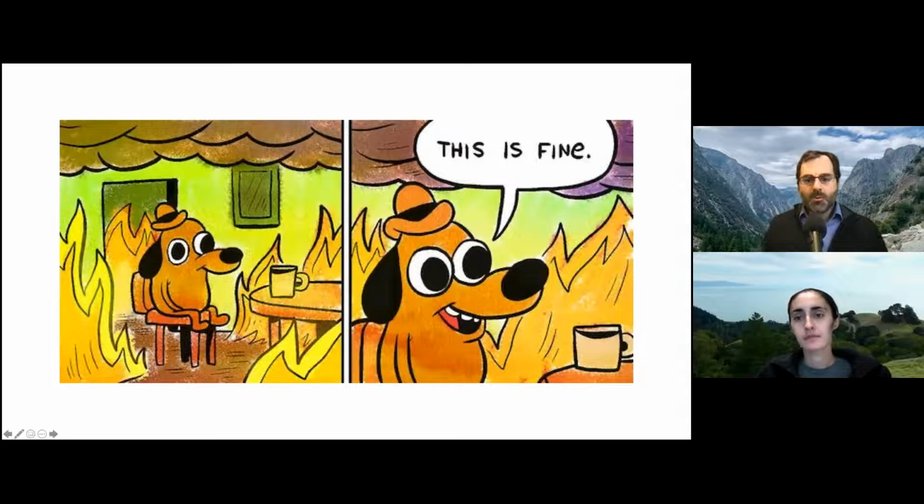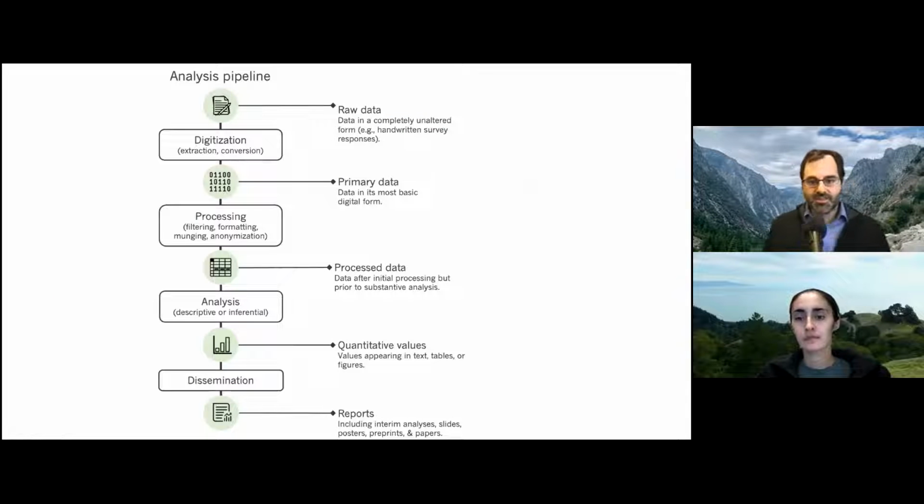So one way of describing the issue that I want to discuss is about thinking about a scientific paper as resulting from an analysis pipeline that starts with the collection of raw data in some form, then their digitization and inclusion as computer files, their processing, pre-processing, filtering, munging, and so forth, their analysis via descriptive statistics, inference, visualization, and so forth, and their write-up into a manuscript and their dissemination as mostly text, slides, occasionally figures, and a research report.